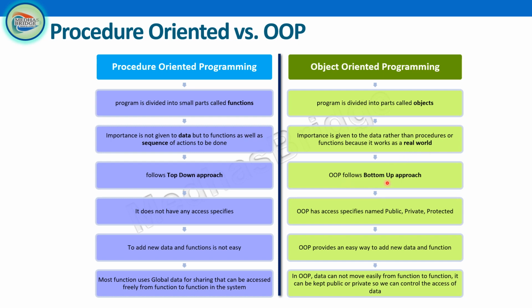OOPS follows a bottom-up approach. OOPS has access specifiers called public, private, and protected. OOPS provides an easy way to add new data and functions. In OOPS, data cannot move easily from function to function. It can be kept public or private so we can control the access of data.